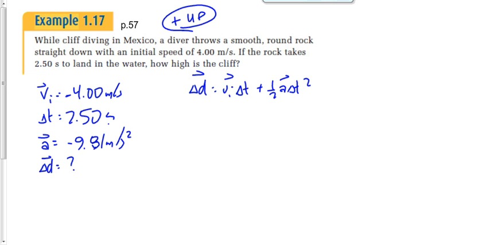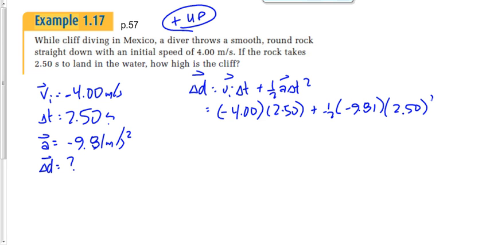Sure, I can. v_i is negative 4. My time interval is 2.5, plus 1/2, and be careful here, negative 9.81 times 2.5 squared. Let's get both of those terms on our calculator.